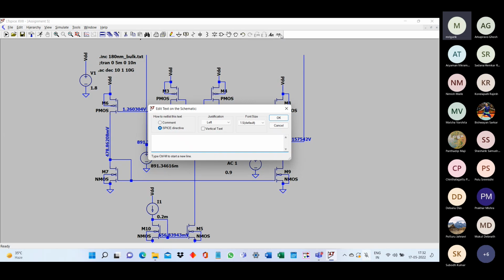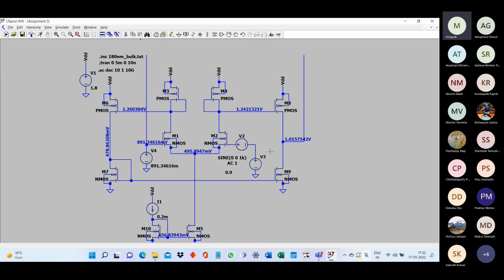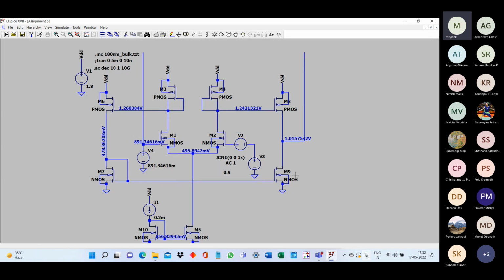But now why has the output DC point increased? Because on the lower side, if you look at M9, that is still trying to supply the same current, because there the W by L has not changed, but the VSG of M8 has increased, right? So the VGS of M9 remains the same, but you have increased the VSG of M8. Why has it increased?